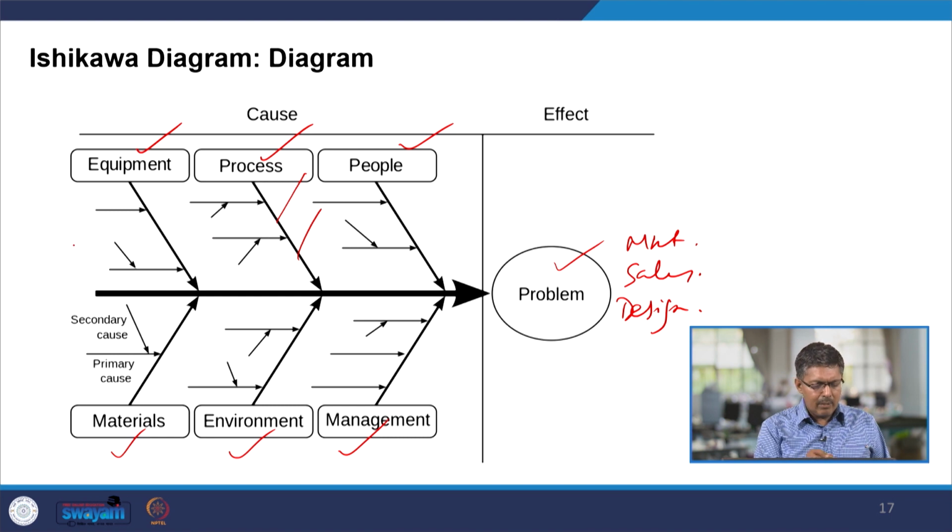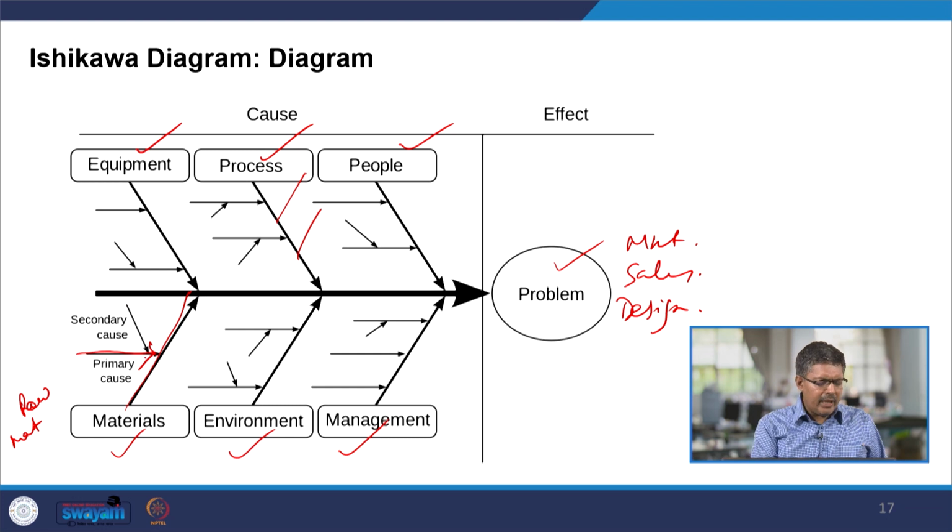As an example, let us take a simple one like materials. Let us say we want some kind of raw material, resources or basic raw materials. We say that raw material will influence this problem, but when you talk about collecting raw material, there are primary causes and secondary causes. Primary causes are causes which directly affect the raw material, for example the amount of raw material available, right.